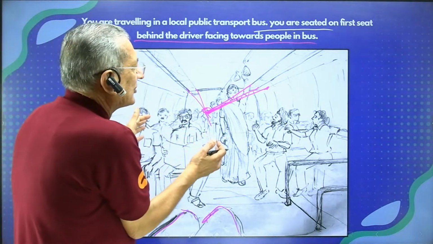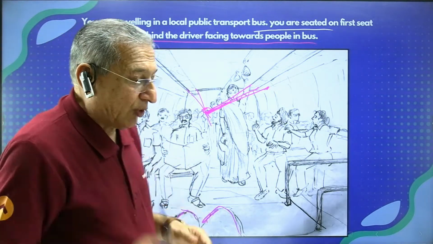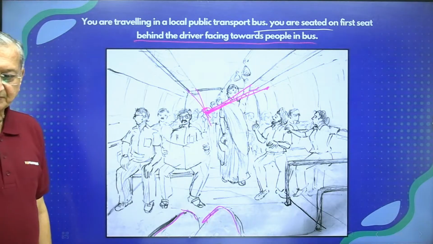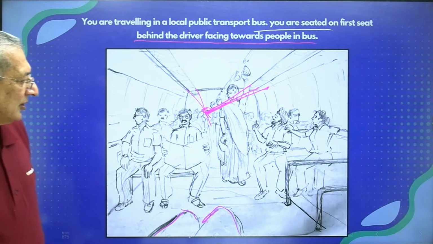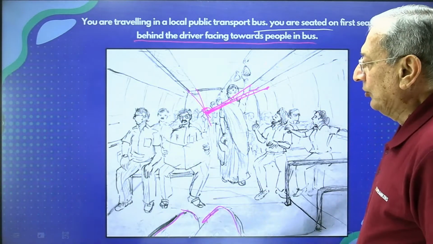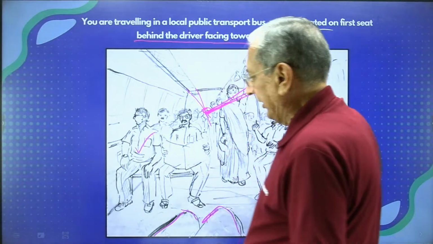This kind of a sketch, if asked, involves a lot of knowledge about the human figure. I'm sure you may be wondering how to work out a sitting human figure. Let us try it out. This guy.